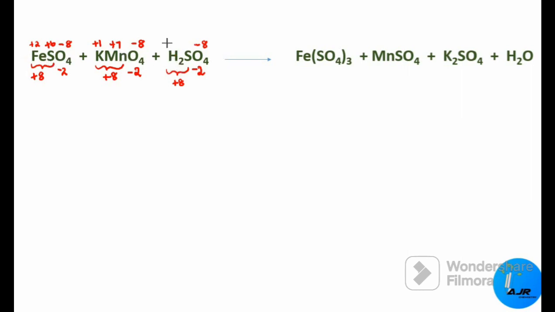Since 2 hydrogen atoms are there, plus 2. Since here plus 2, and we have totally plus 8, the remaining plus 6 will be given to sulfur.